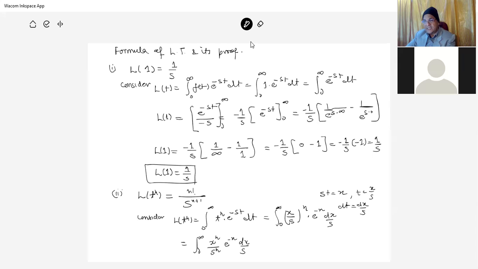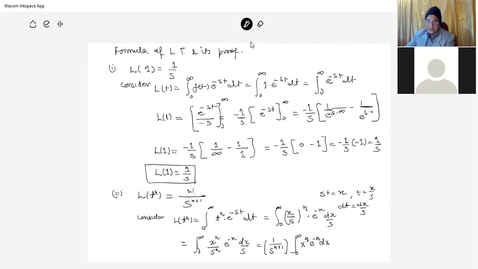So this is s raised to the power n, and here it is 1. So we'll get 1 upon s raised to the power n plus 1 outside of the bracket, and within the bracket 0 to infinity x raised to the power n e raised to the power minus x dx.